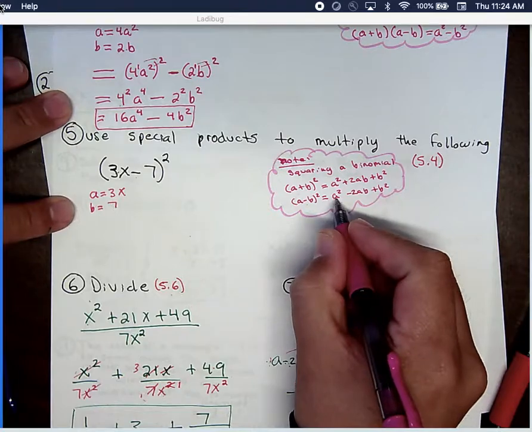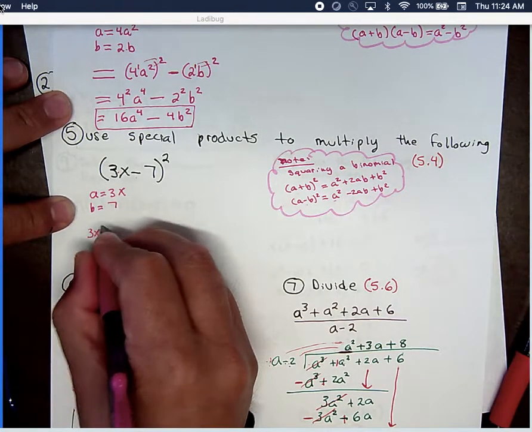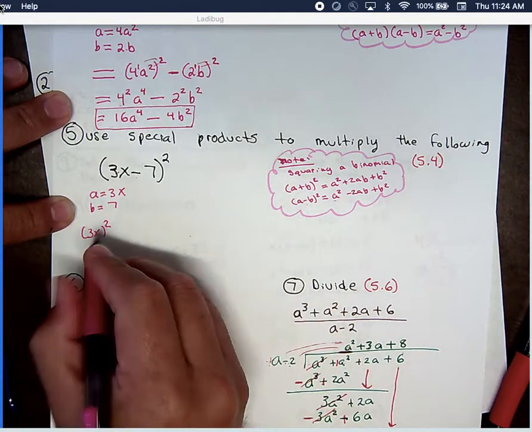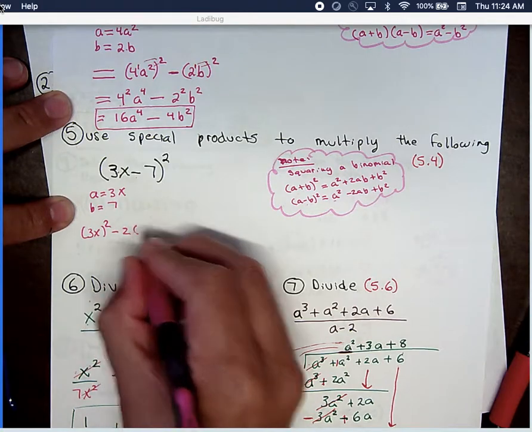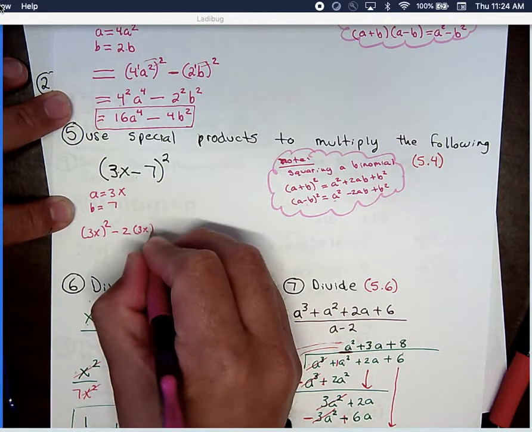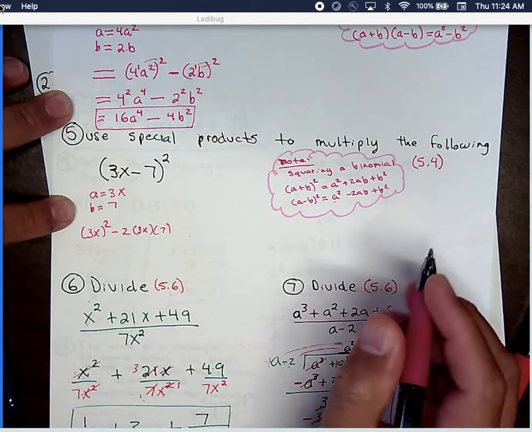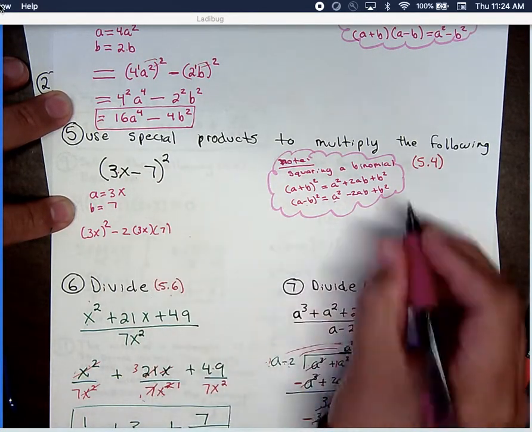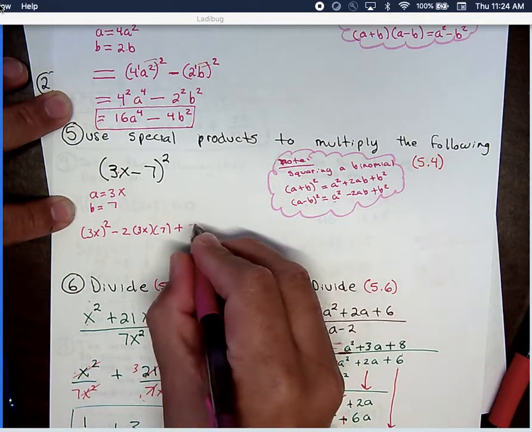What does the formula say? You square the A first, so 3x and then you square it. Make sure you put parentheses. Minus 2 is part of it, and then times A, which is 3x, times B, which is 7, and then plus the B, and then square it.